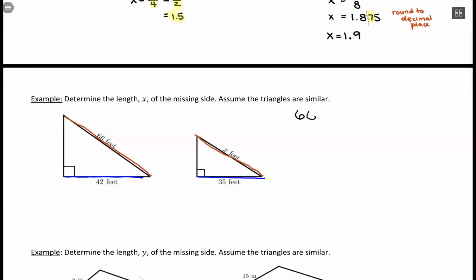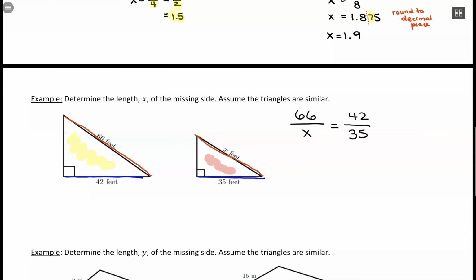What's key though, if I choose to go 66 divided by x, what that does is it sets my numerator to come from this first triangle, and my denominator has to be from this second triangle. So you just want to be consistent that when I make my next fraction, so I have my equal sign, then I have to start with my first triangle. So it would be 42 over 35.